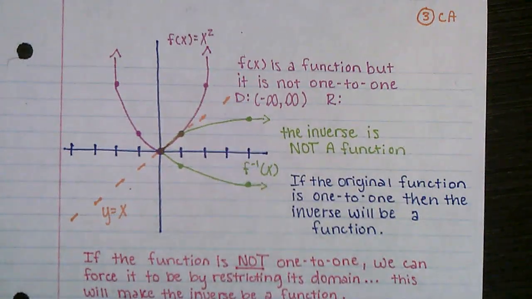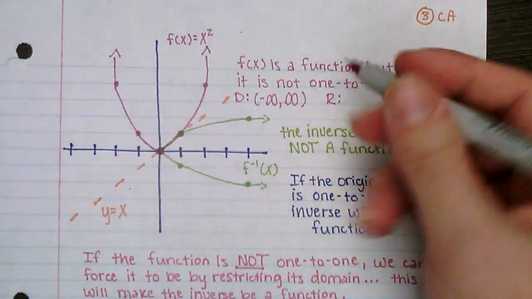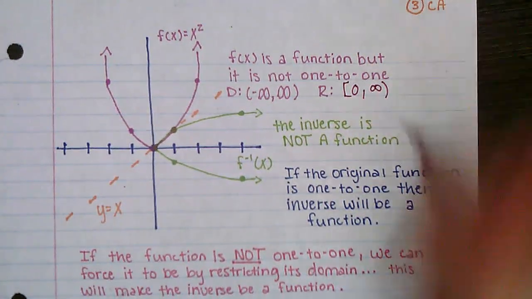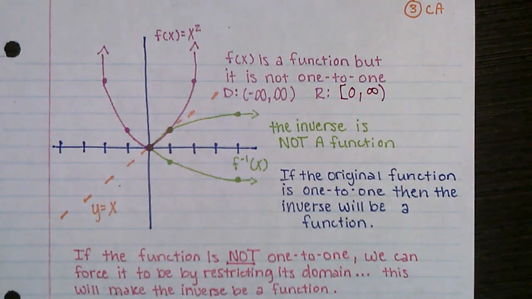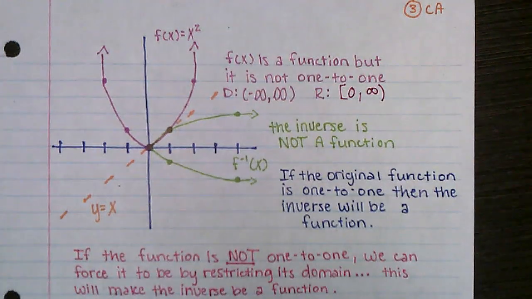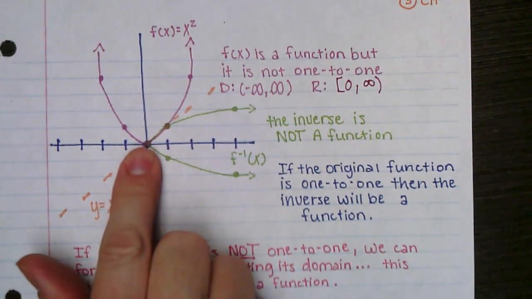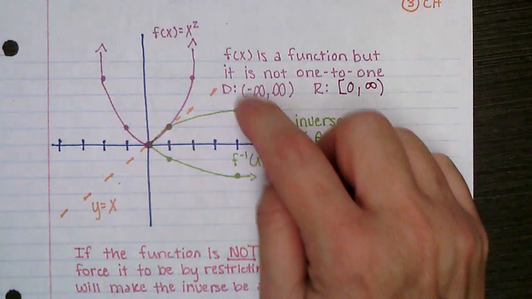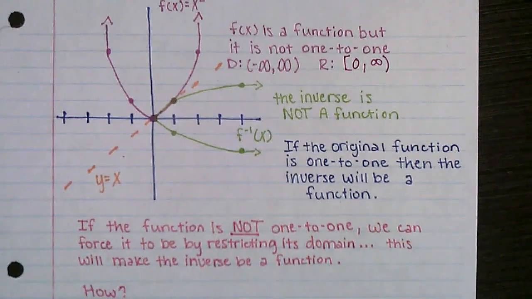So if we look at our original function, the domain was negative infinity to infinity, and its range was 0 to infinity. If you look at the inverse function, when we switch the domain and the range, the domain would be 0 to infinity, and the range would be negative infinity to infinity.